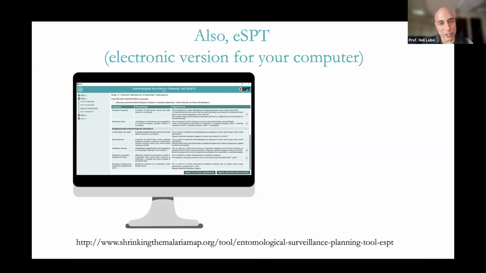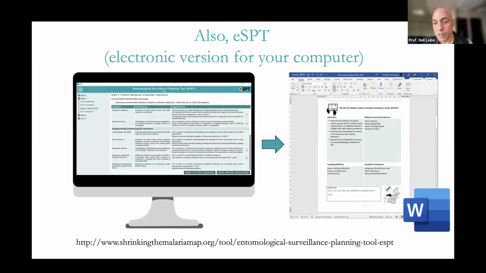Back to the little ESPT, the electronic version: you can work through your entomological surveillance plan, go through multiple iterations of it, base it on the amount of funds you have, have multiple outputs, and understand every component of it. At the end of it, you can download it as a Word file and send it in a report, download pictures, decision trees, and things like that, and present them to your boss and show them how you thought through this.